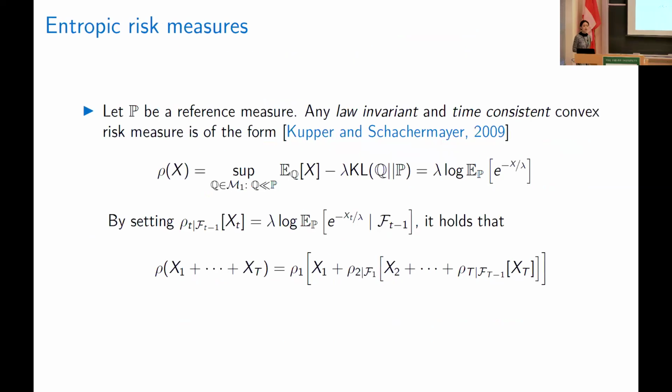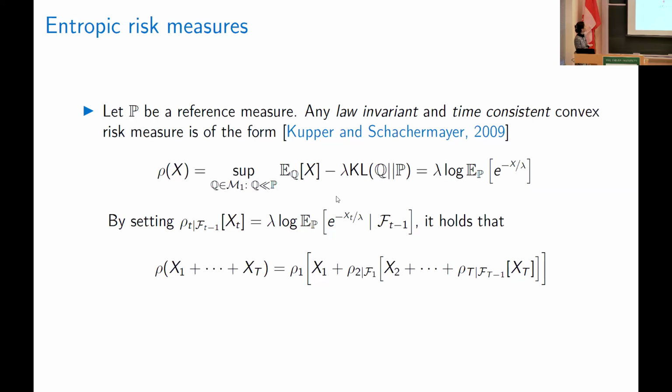There's also a very important result saying that for any law invariant, time consistent, convex risk measure, which are the three very important properties we mentioned briefly in my previous slides, we could always write it in the form of some entropic risk measure. So basically, it's equivalent to constructing an uncertainty ball, this M1, together with KL divergence, and writing it this way.